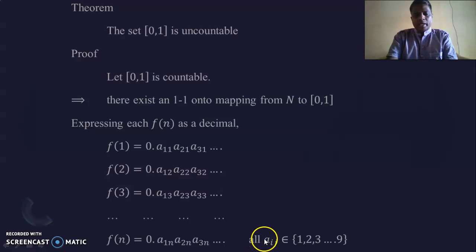Here all aij belong to the set consisting of the elements 1, 2, 3 and so on up to 9.